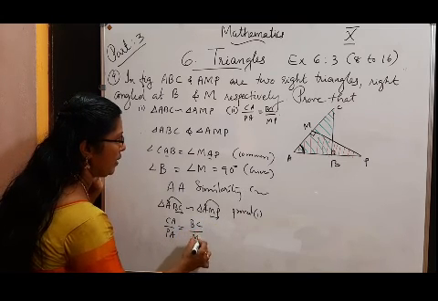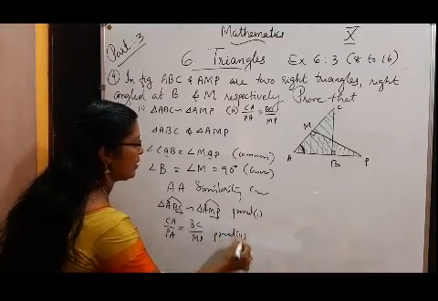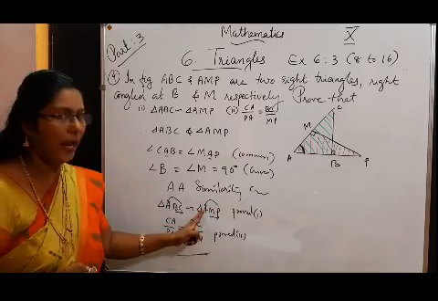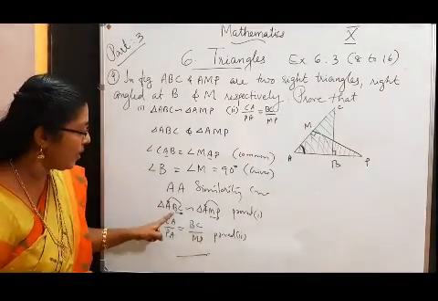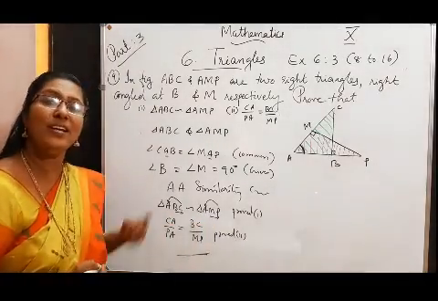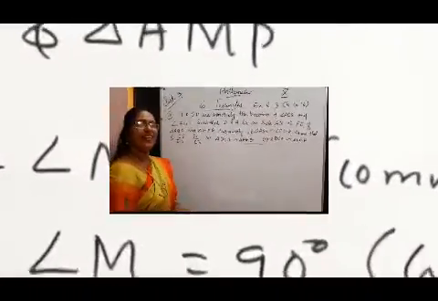BC by MP. Proved second. CA by PA equal BC by MP. That is the corresponding sides. The corresponding sides are proportional.